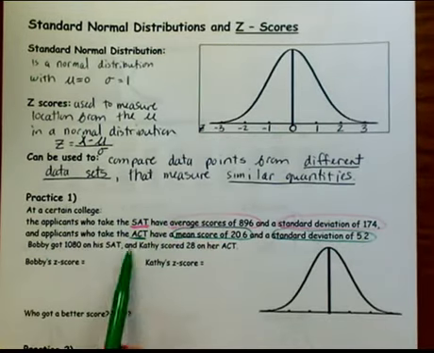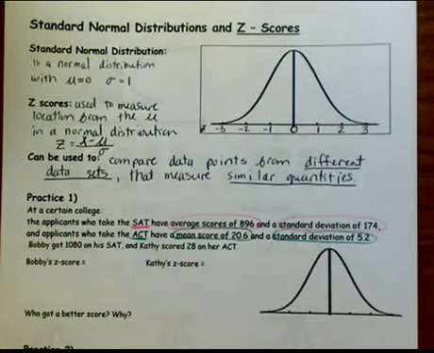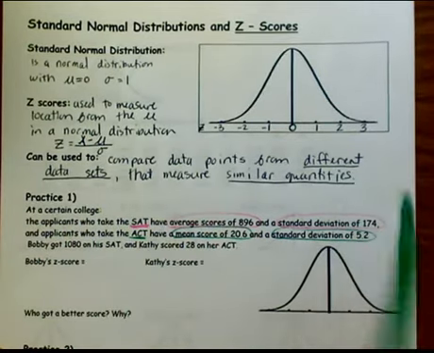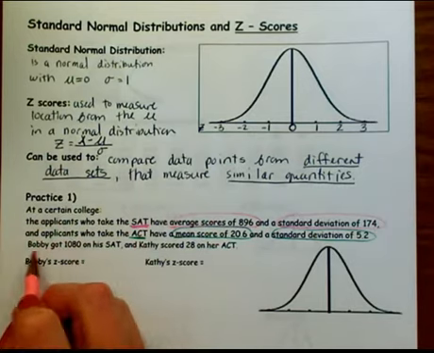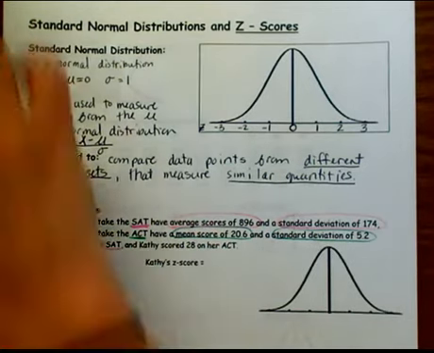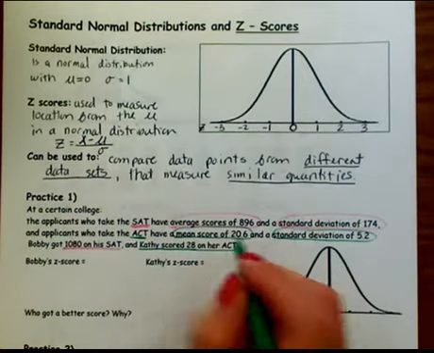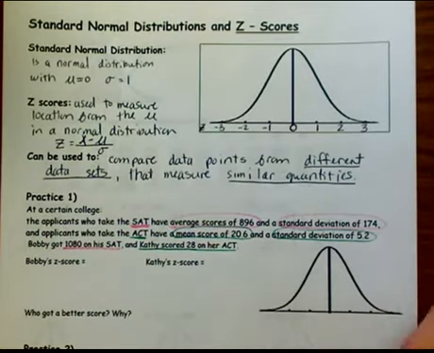Both of these are entrance exams for colleges, so they are different data sets but similar quantities. So let's go ahead and look at what we have. Bobby has a 1080 on his SAT, and Kathy has a 28 on her ACT. So the information is color-coded.